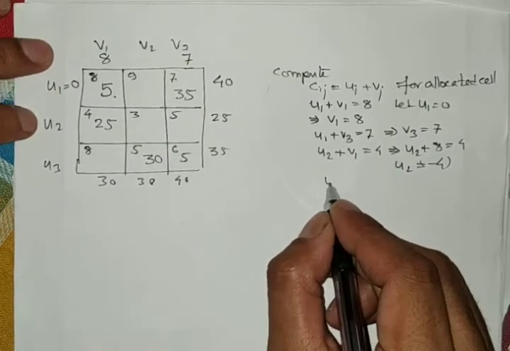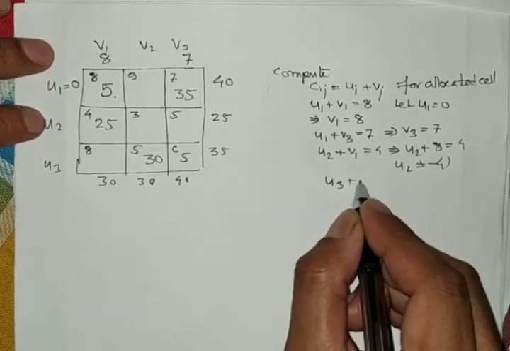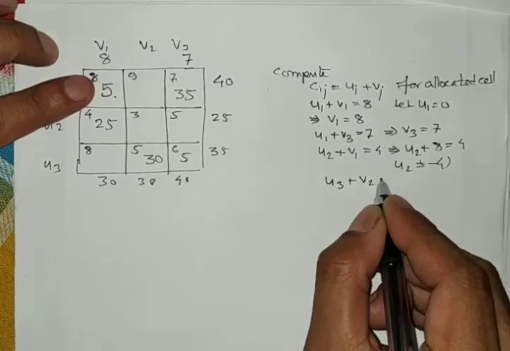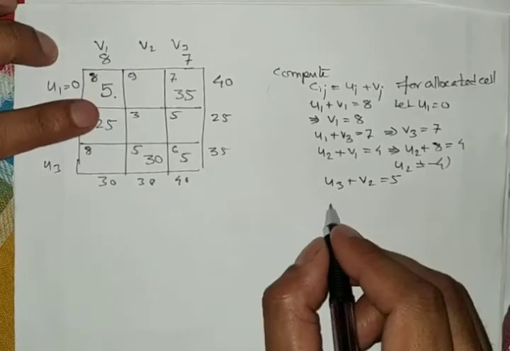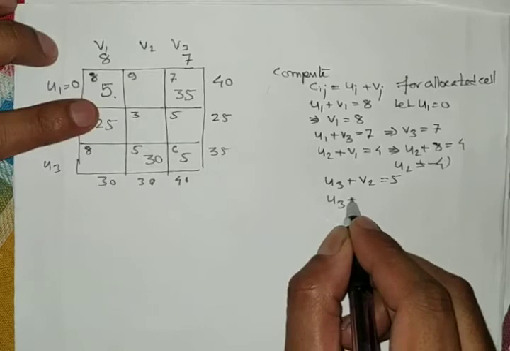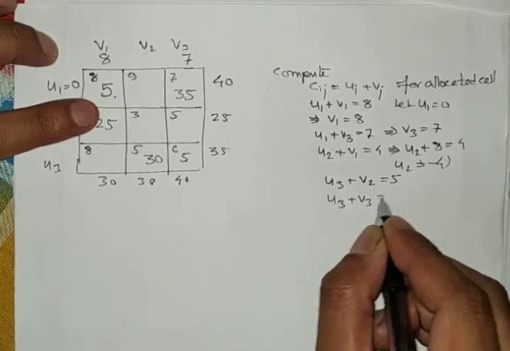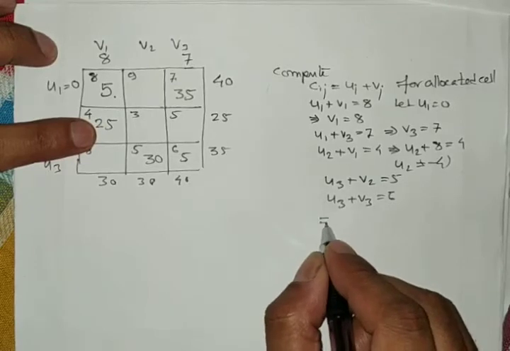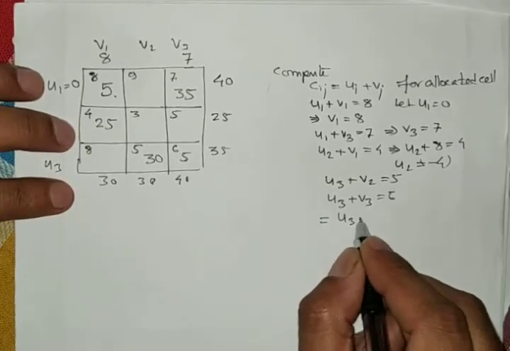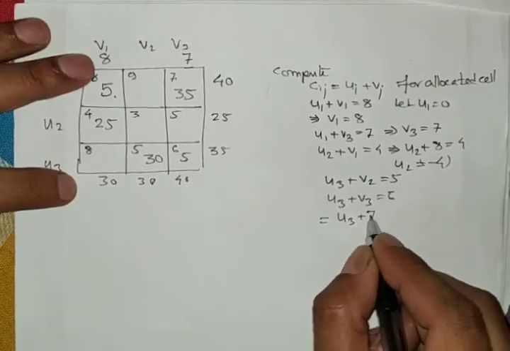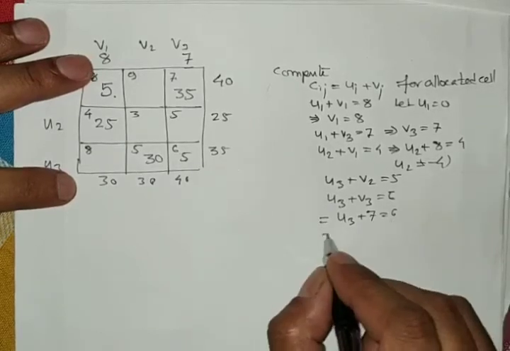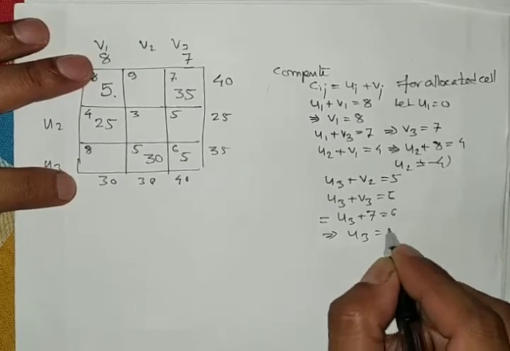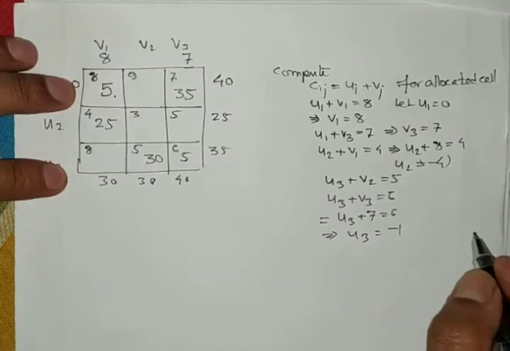Similarly, u3 plus v2 is equal to 5, and u3 plus v3 is equal to 6. So with v3 equal to 7, from this u3 will be minus 1.